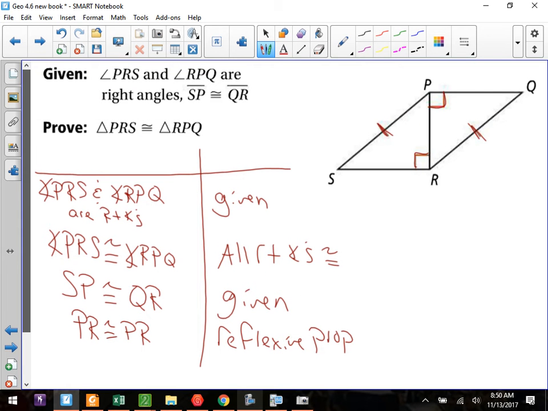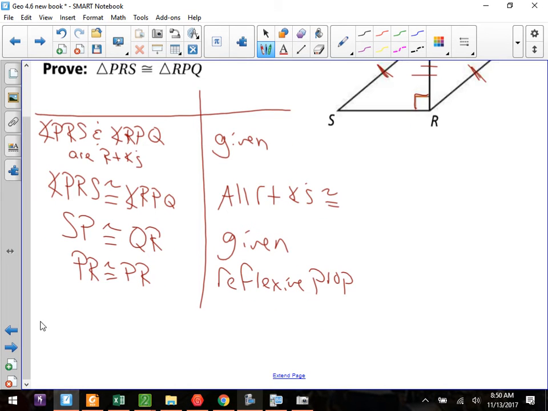Mark my diagram. And what do we have? We have the hypotenuse leg. So triangle PRS, RPQ, by HL.